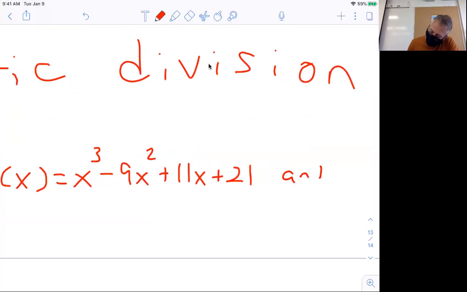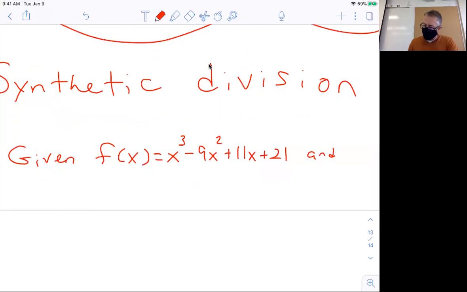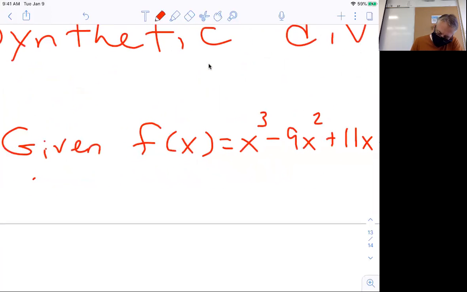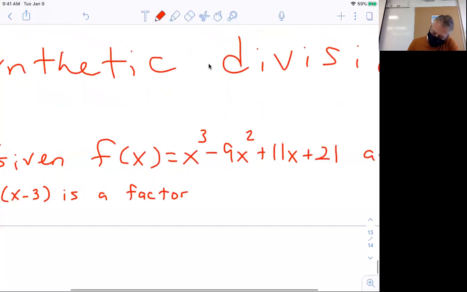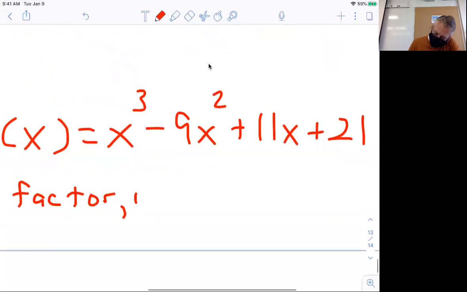And let's say we know that x minus 3 is a factor. We want to write f in factored form.